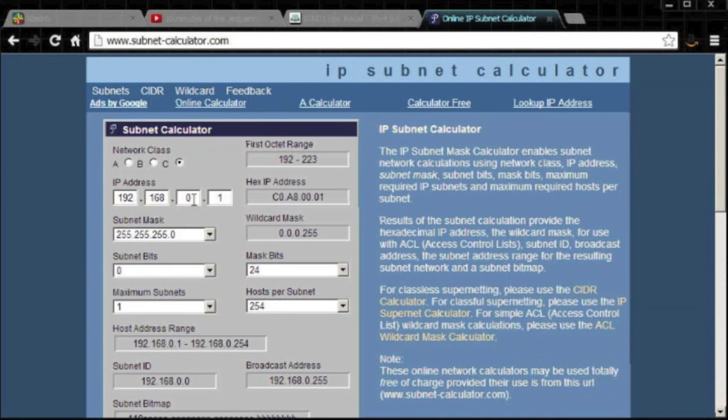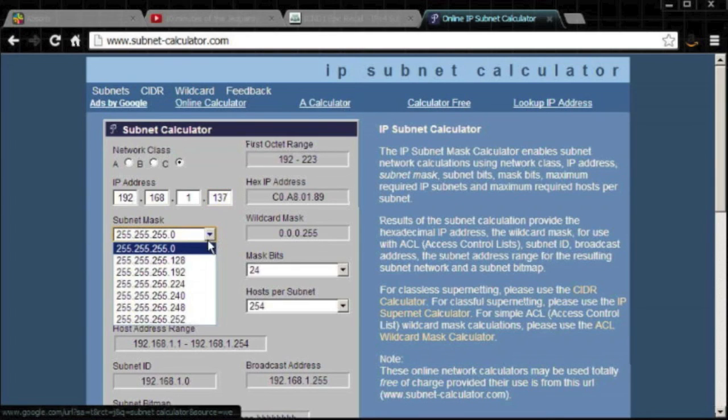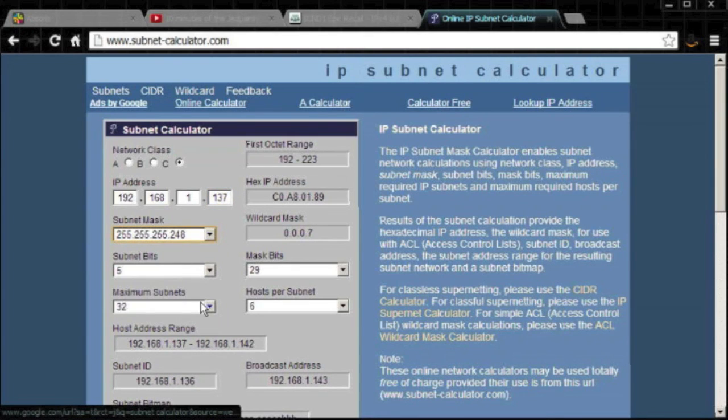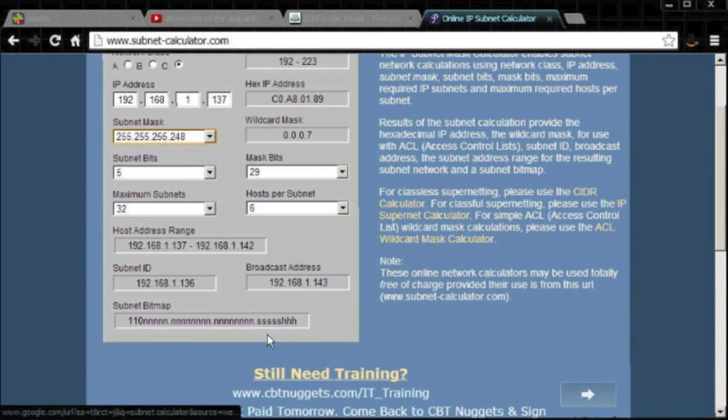For instance, on that one, it was something like 192.168.137, and they gave us a mask of 248. So we can check our work against this calculator. It says, here is your host range.